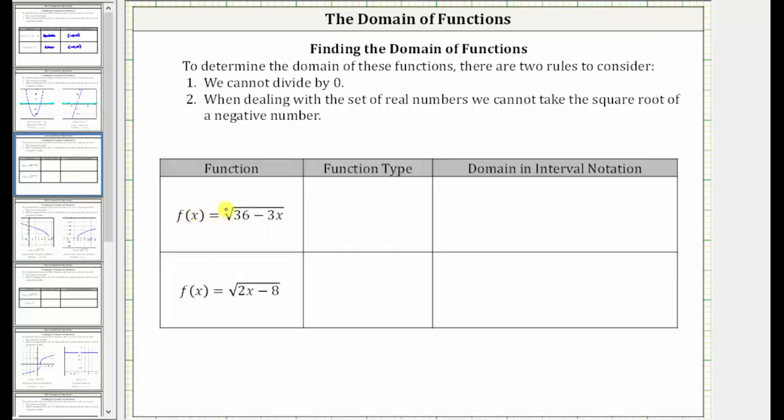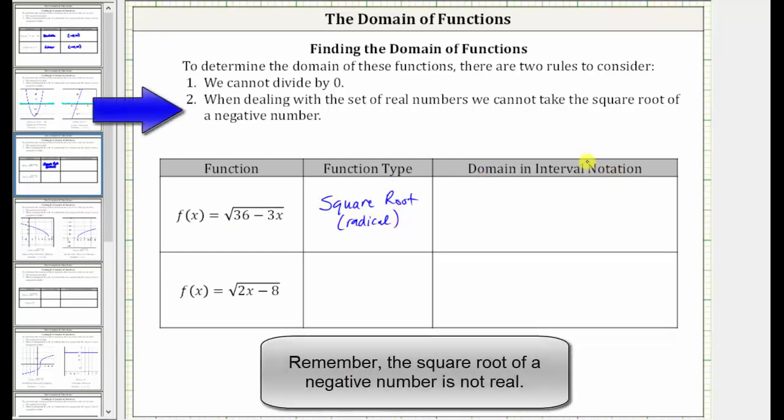Next we have f of x equals the square root of the quantity 36 minus 3x. This is a radical function, or more specifically, a square root function. To determine the domain, the radicand of 36 minus 3x must be non-negative, which means to find the domain, we must set 36 minus 3x greater than or equal to 0.